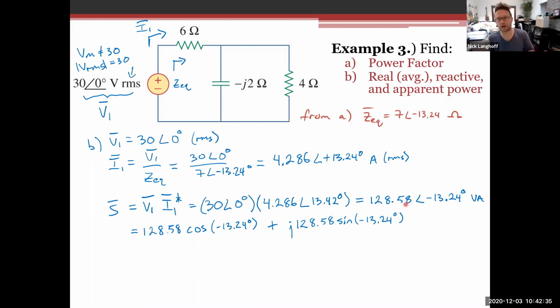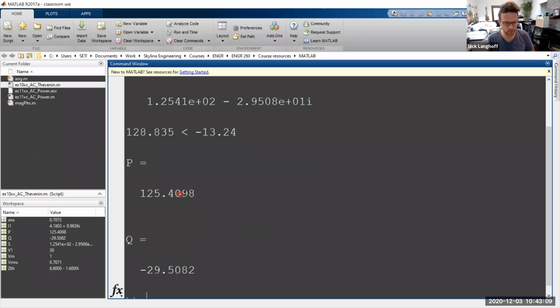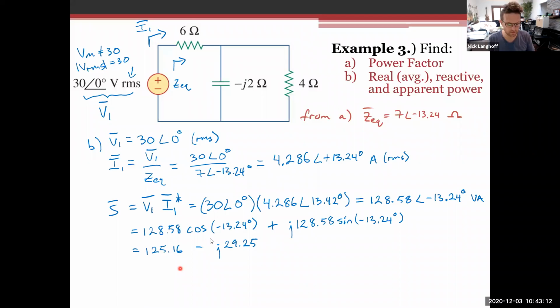So if you want to do it that way, you can, or you can use MATLAB. My preference is MATLAB, especially because you can go back and adjust this in case you made any mistakes. But this gets us 125.16 minus j times 29.25. So again, we saw those same values in MATLAB. Here's the 125.4 and the minus 29.5.